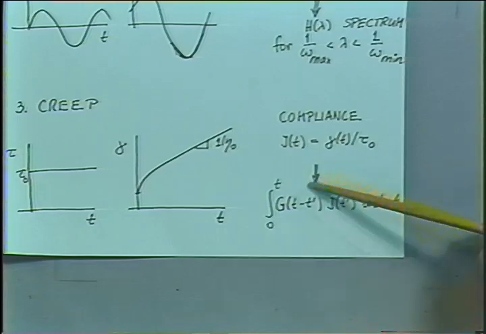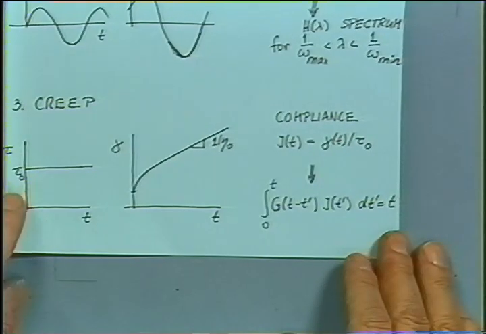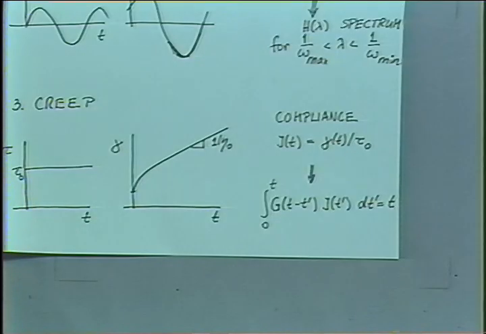So those experiments have complementary time windows, and you could determine the relaxation spectrum in either one of those experiments and then overlap the data and get a total spectrum over an extended window. That's a future thing.